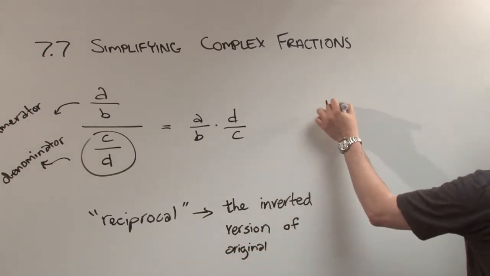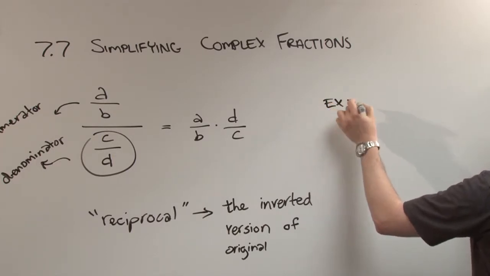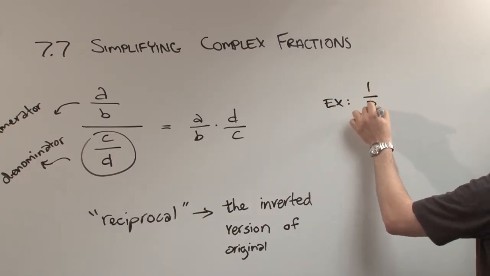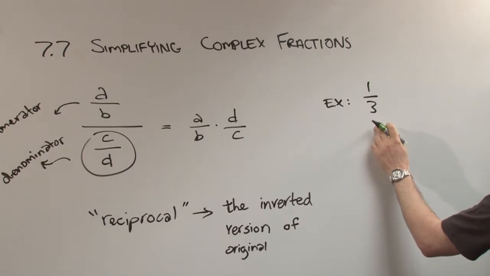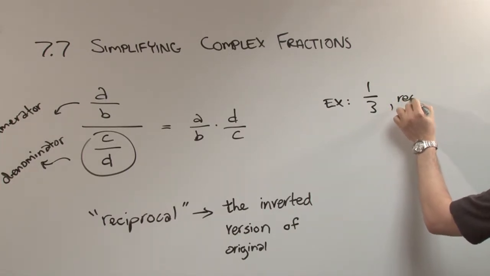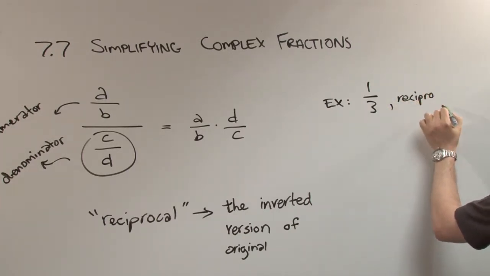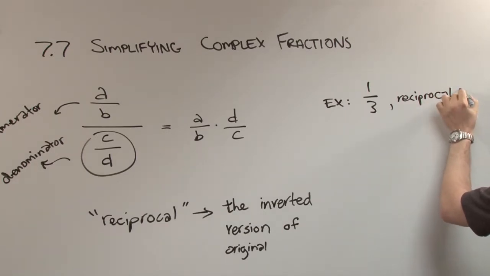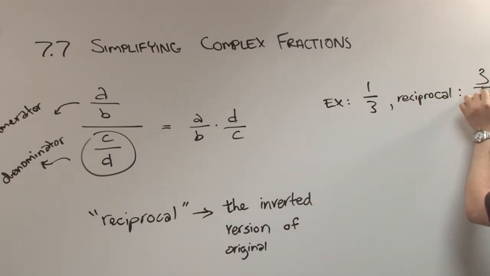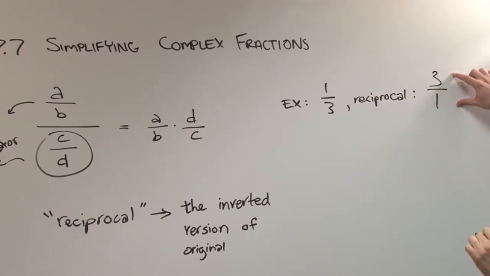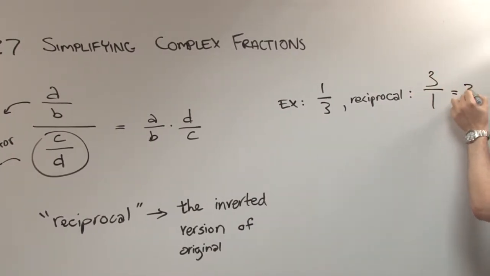So, for example, if I had the fraction 1/3, what is the reciprocal? I would just flip it. 3/1. And then I would simplify that to just 3.